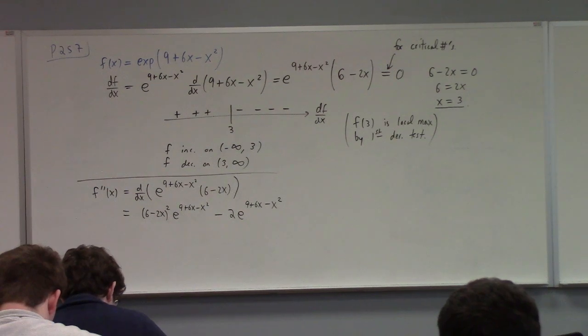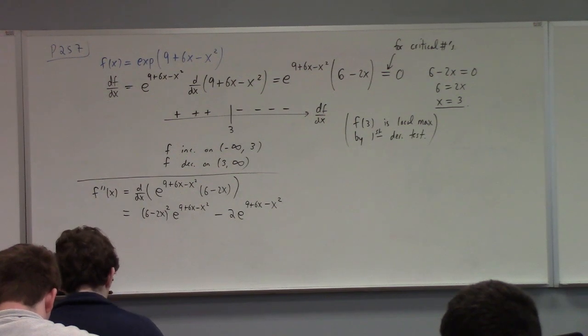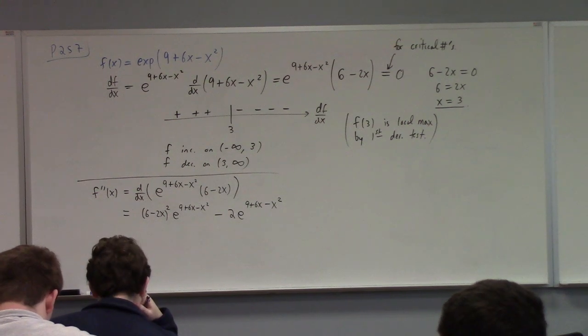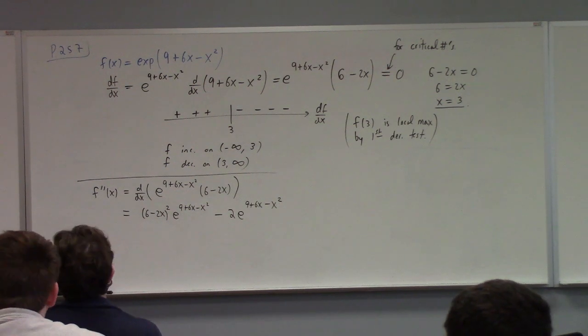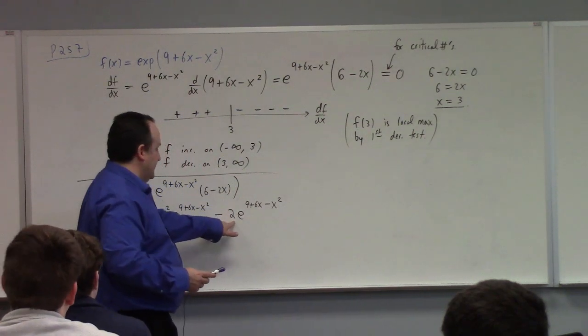That's the first term, f prime g. The next term is f g prime, which is the exponential times the derivative of the function multiplying the exponential. The derivative of 6 minus 2x is just minus 2, so that's why I've got this minus 2 here.